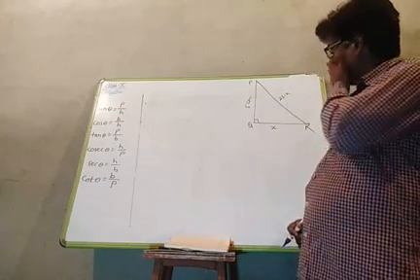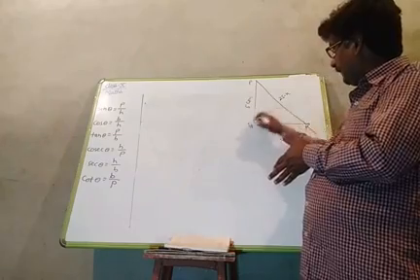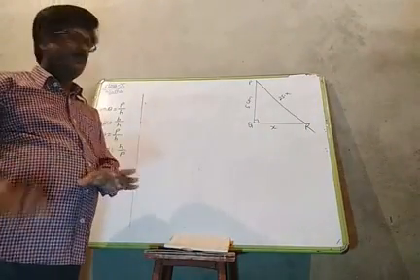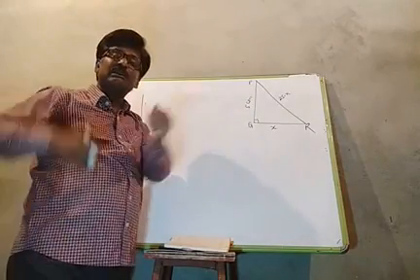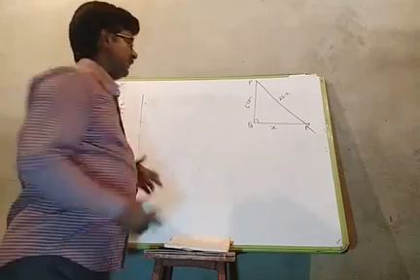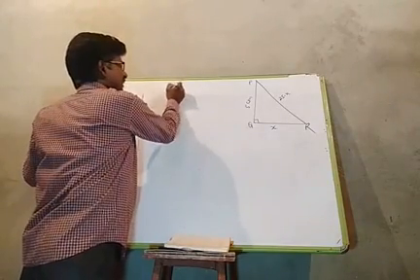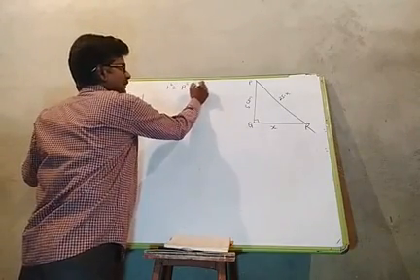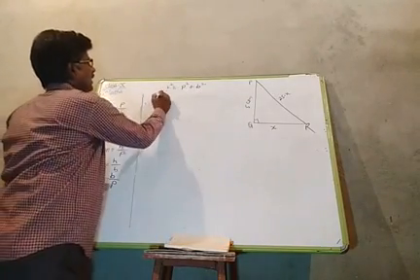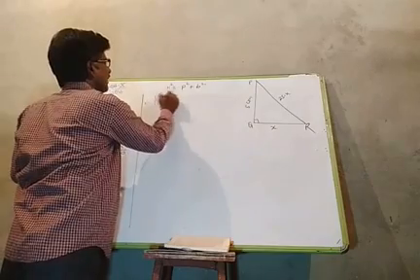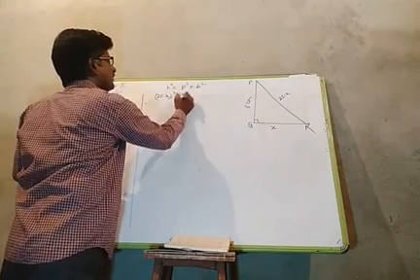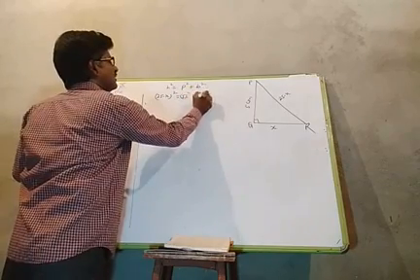Okay. Now, in this triangle PQR, these two sides are given in variable, so first we make them constant. How can this be done? We use the Pythagoras theorem: h square is equal to p square plus b square. The hypotenuse is 25 minus x, so (25 minus x) square is equal to 5 square plus x square.